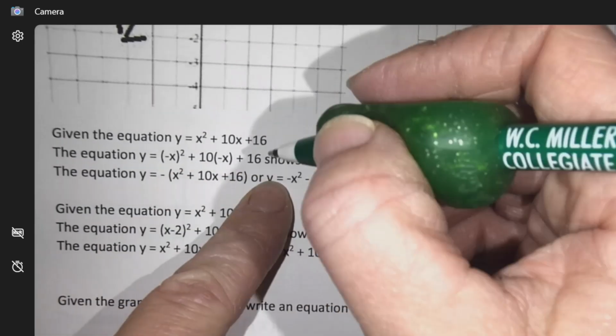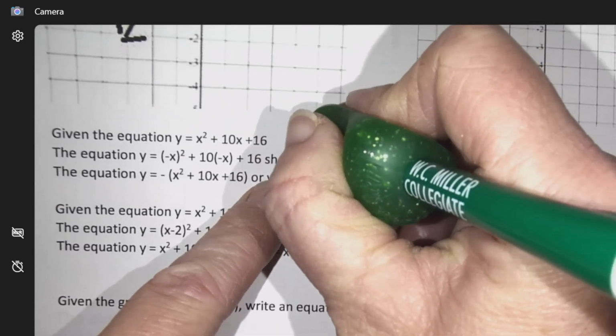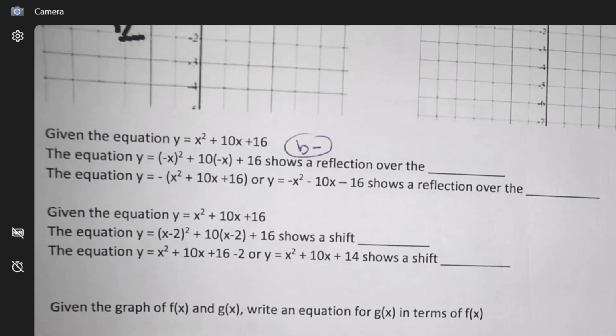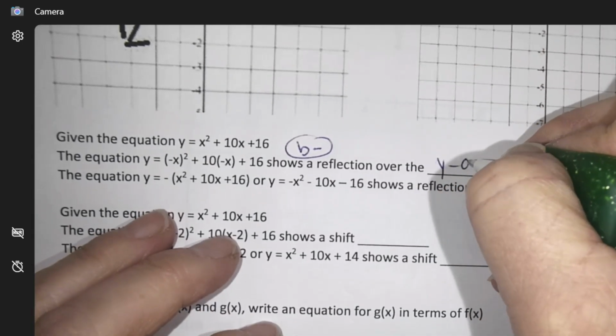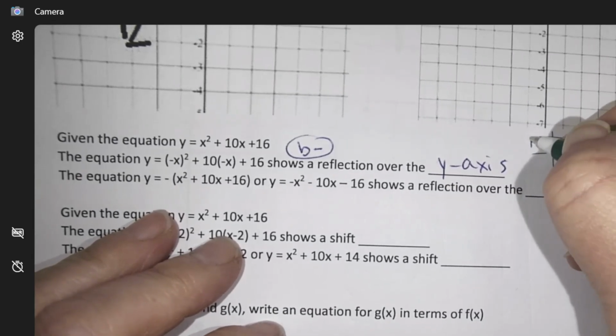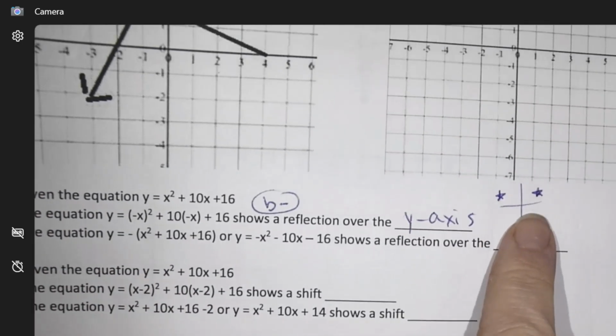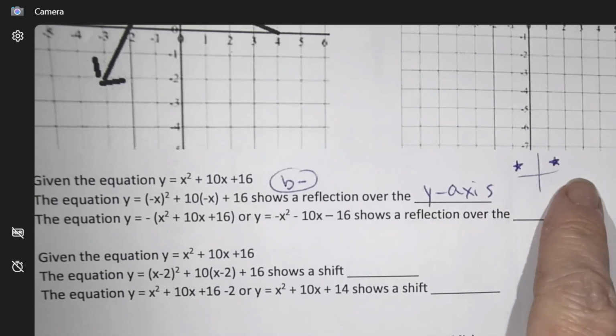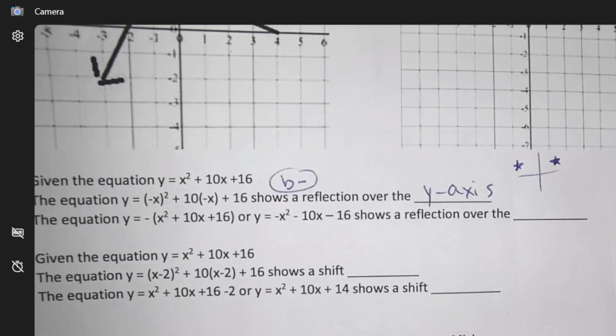I've negated with a b. How did I know it was a b? Because what do b's do? They're in front of your x's. So if you change a b, you're changing x's, you're flipping over the y-axis.